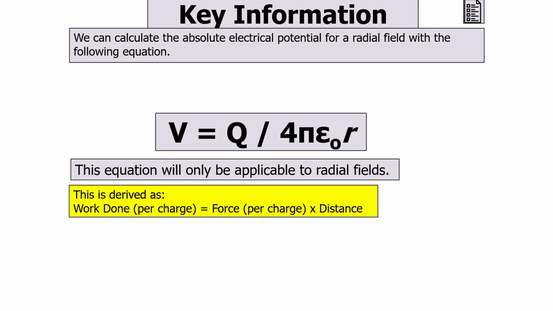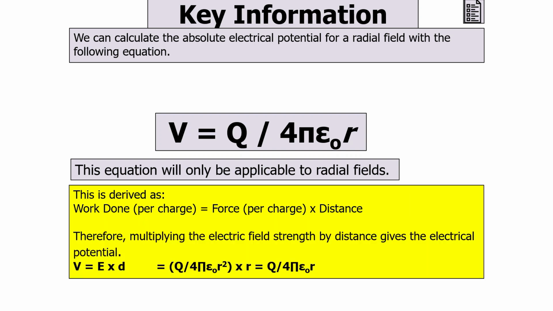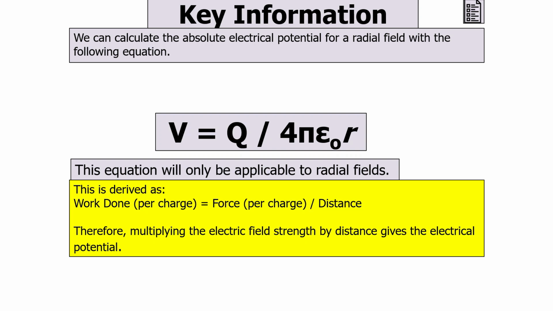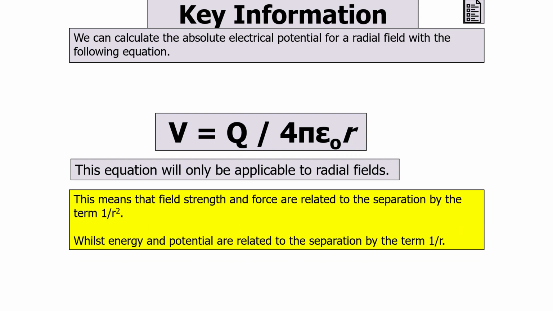So if we say work done per charge equals force per charge times distance, we can say V is equal to E times D, where E is equal to Q over 4 pi epsilon 0 r squared, times r, so it equals Q over 4 pi epsilon 0 r. So therefore, we can say multiplying the electrical field strength by the distance gives our electrical potential.